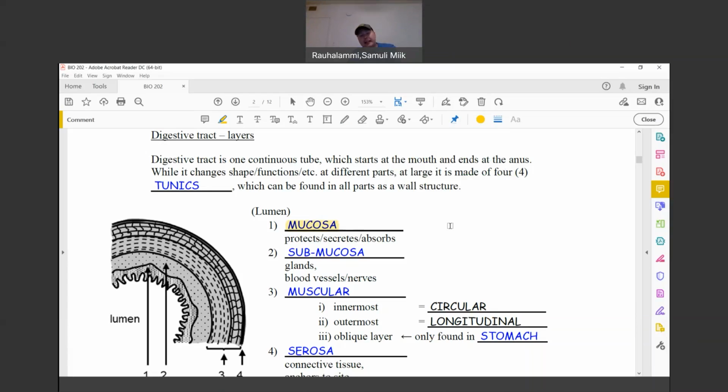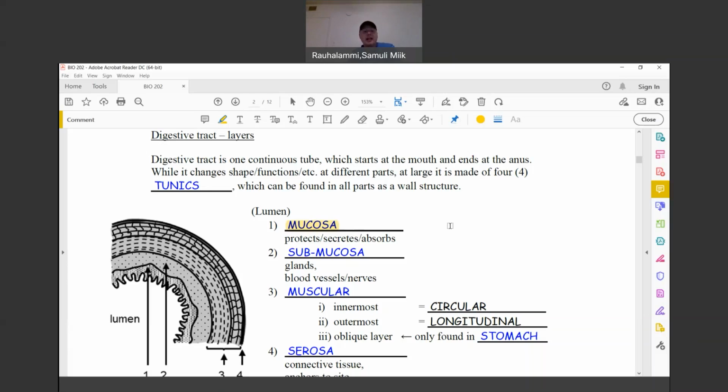We also see that materials need to be able to absorb. Some of those small food molecules enter into the body through the mucosal layer. Similarly, certain materials from the body get secreted into that tube where the food material passes through.